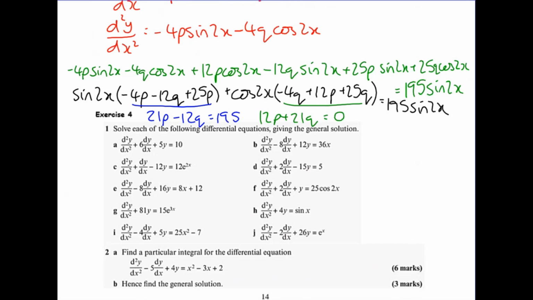So solve these on your calculator. So I've got 21, minus 12, 195, 12, 21, 0. Gives me nice answers. So I get p equals 7 and q equals minus 2.